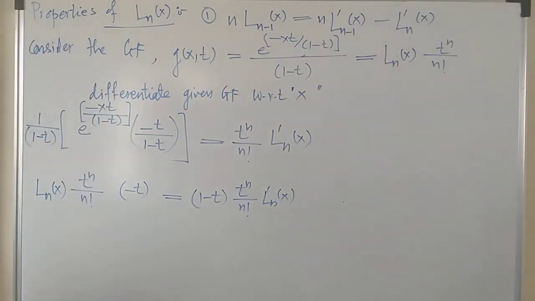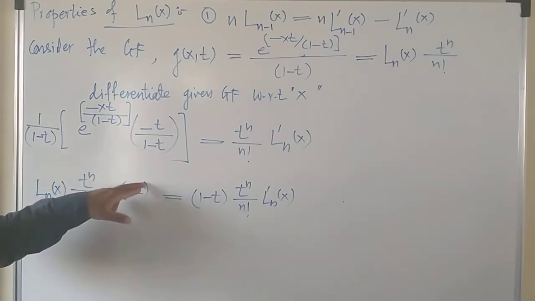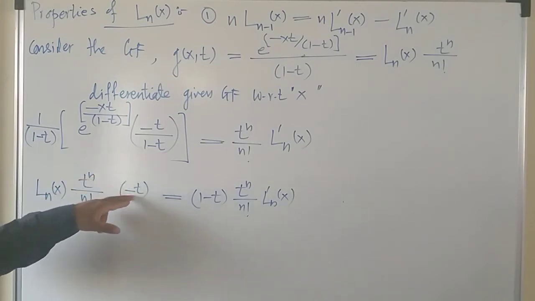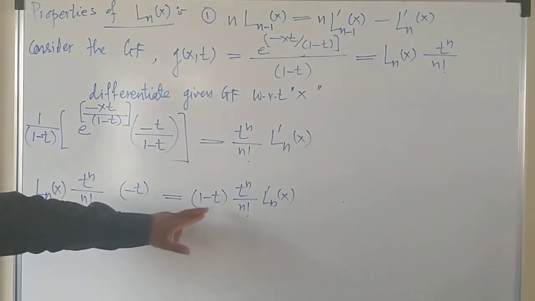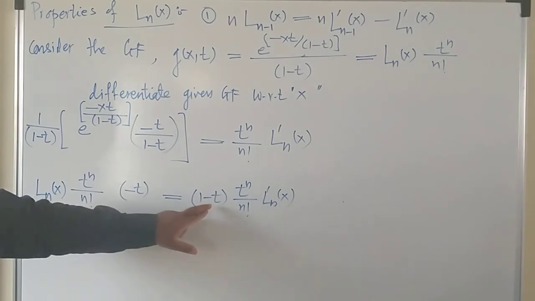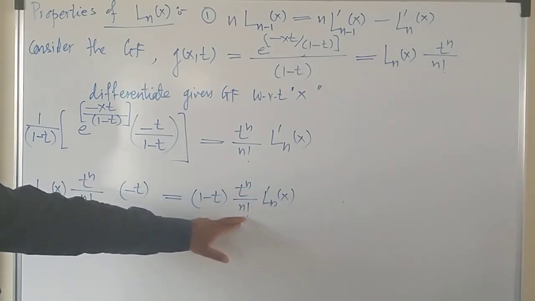Right? Now simplify. Here you have t raised to power n and here t raised to power 1, so this becomes t raised to n plus 1, and the negative sign will be here. You can also multiply this bracket through. So the first term you will get as it is, and minus t raised to n plus 1 divided by n factorial.